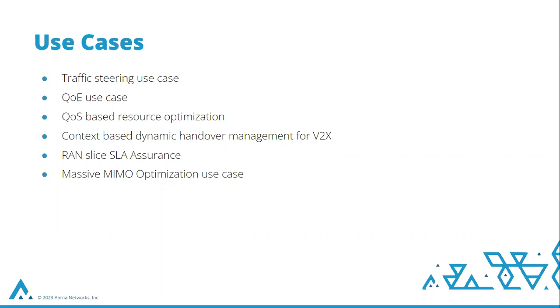This is just one example of the traffic steering use case, but there can be many more. The idea here is to efficiently use the RAN and radio resource management. That's about traffic steering. And QoE is mainly meant for high-bandwidth-intensive applications like AR and VR.